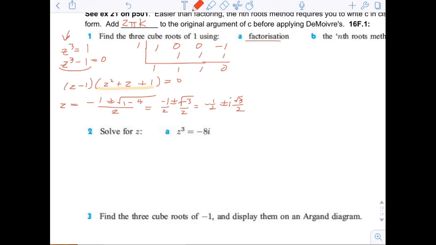Okay, so if I was to graph the root z equals 1 and these two roots here on the unit circle, or not necessarily the unit circle, but on the complex plane, I would see that 1 would be here, negative 1/2 plus i square root of 3 over 2 would be here, 60 degrees in that direction, okay? And negative 1/2 minus i square root of 3 over 2 would be 60 degrees in that direction.